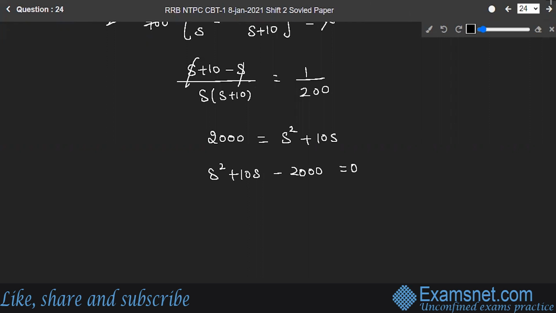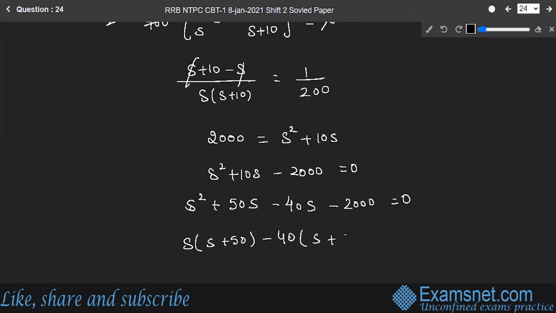Now let's factorize this. S square plus 50S minus 40S minus 2000 is equal to 0. S into S plus 50 minus 40 into S plus 50 is equal to 0.